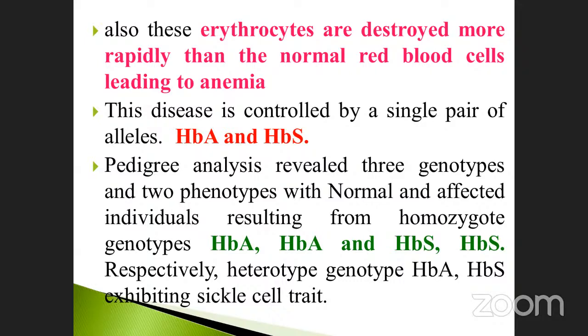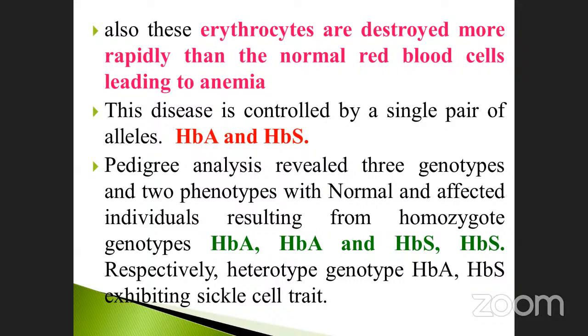Pedigree analysis revealed 3 genotypes and 2 phenotypes, with normal and affected individuals. When you analyze this, suppose any one of the persons is suffering from sickle cell anemia, how will it be? We can draw the pedigree analysis and go through it.